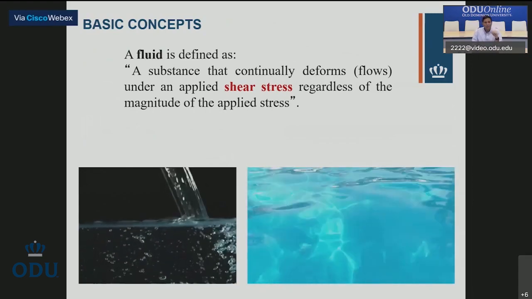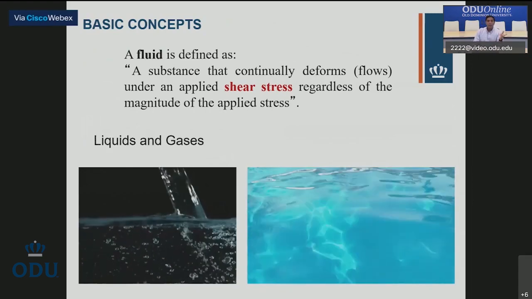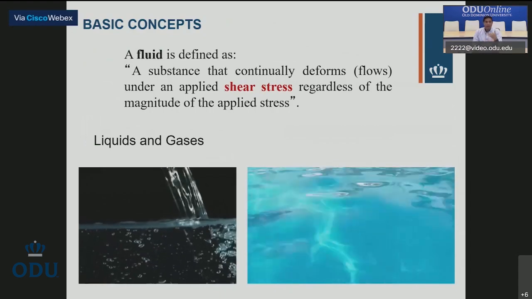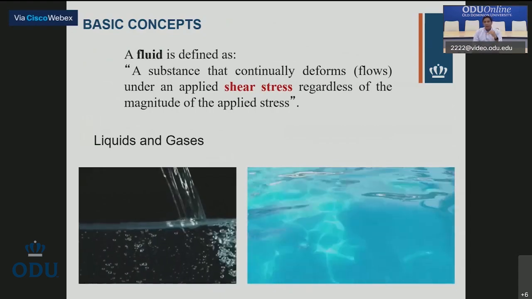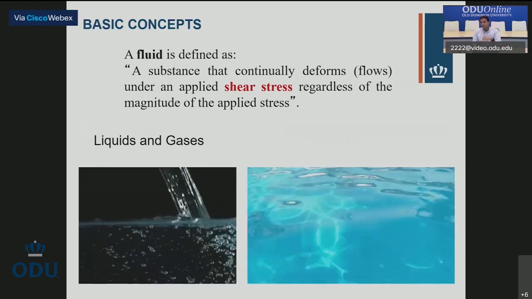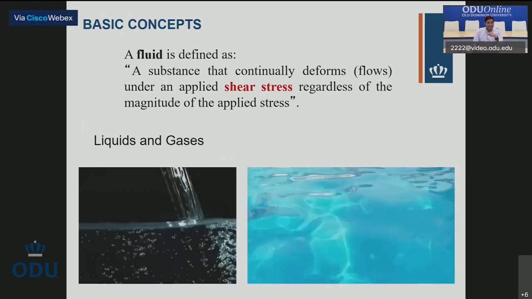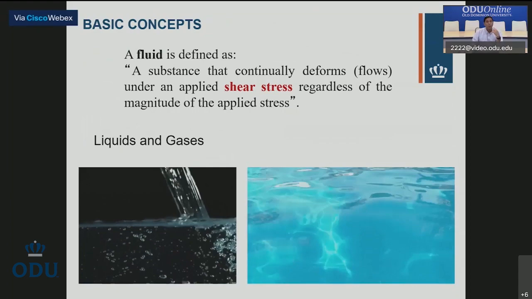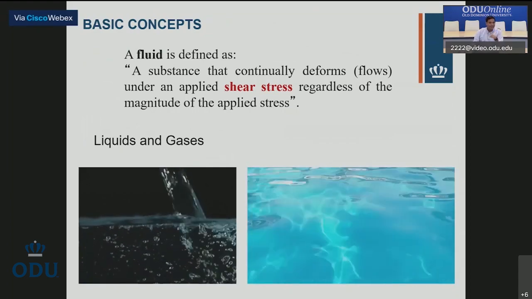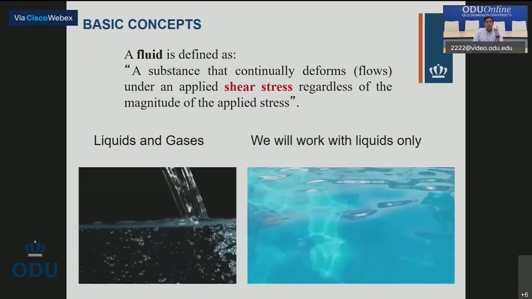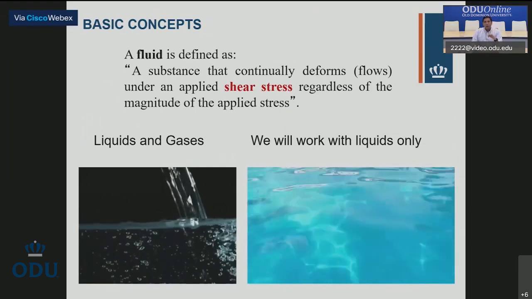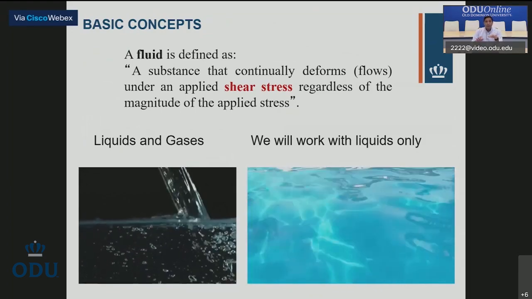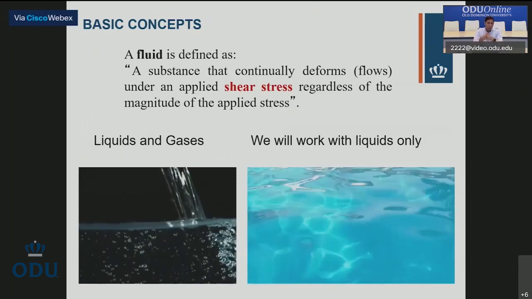When it comes to fluids, there are two types of fluids, liquids and gases. The air that you're breathing right now, that's a gas. And all the concepts that I'm going to teach you today apply to gases as well. However, when you take a fluid mechanics class, the focus is on liquids only. Everything you are taught in a fluid mechanics class applies to liquids, 100% sure.